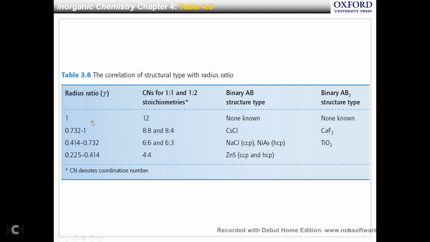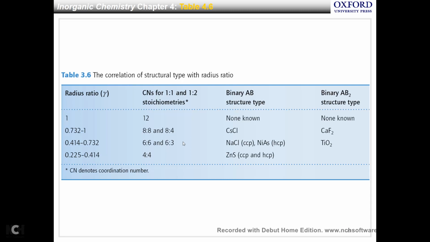And why does the ratio determine the structural type? So, simply put, the ratio between the ionic radii of the two ions will determine the interstitial space between the larger ions.